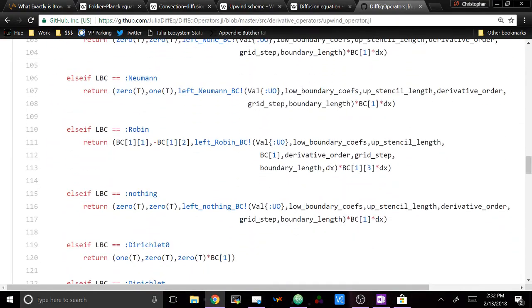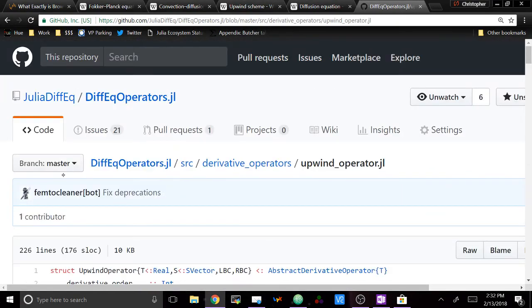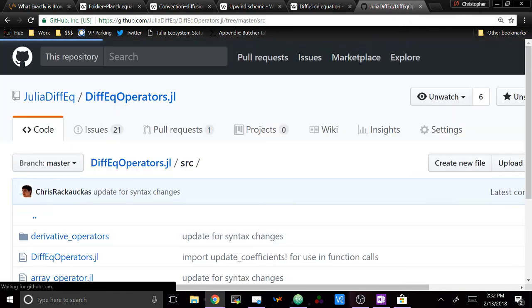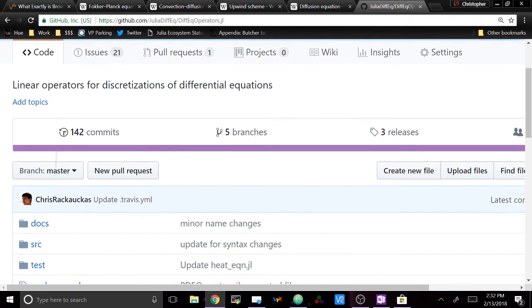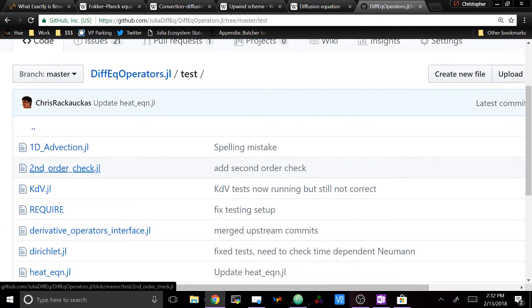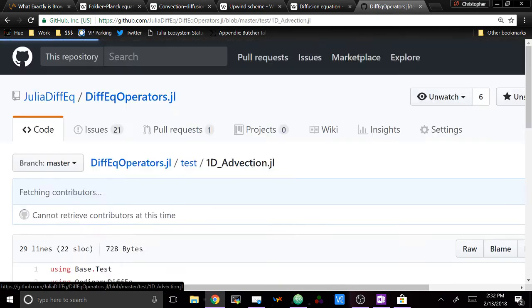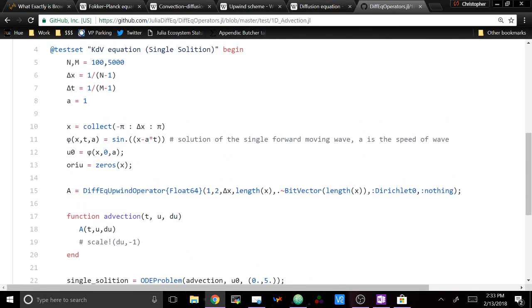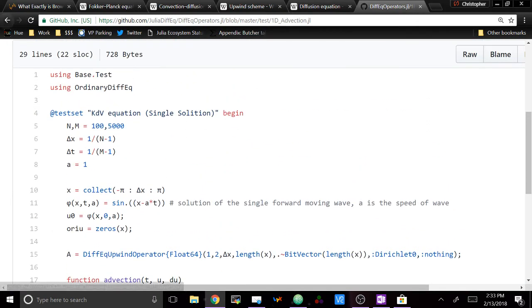The other thing is that we just need to make sure that we have the boundary conditions for this all correct as well, just like we need to be working on the boundary conditions for the other. So if you go into the test here, you can see that there's 1D advection. This equation seems to be being solved.